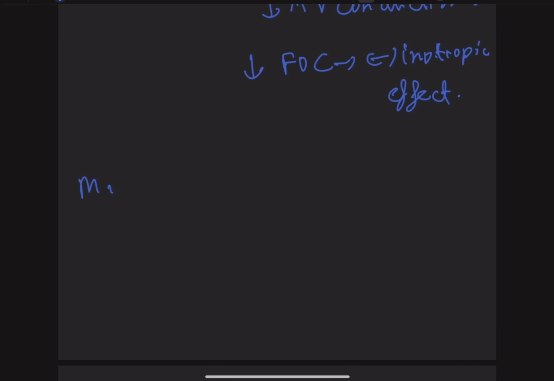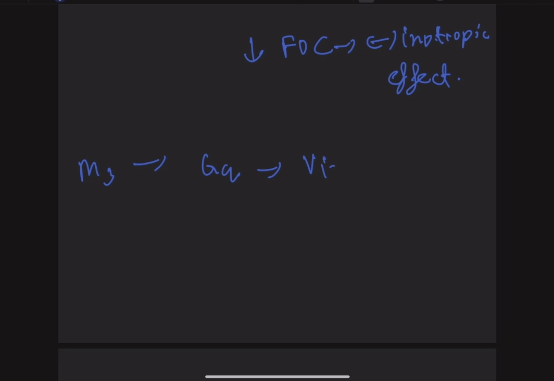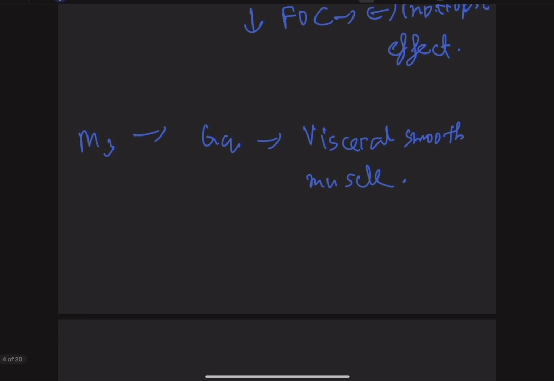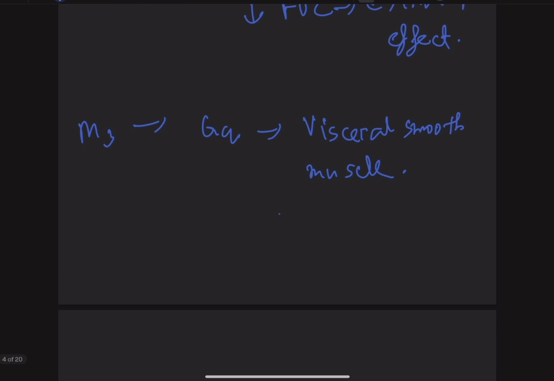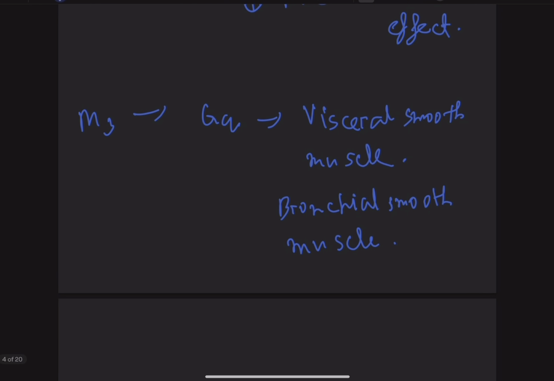Then we have the M3 receptor, and M3 receptor is a Gq type of receptor, which is mainly located in the visceral smooth muscles, and also in the bronchial smooth muscle. So in the bronchial smooth muscle and the visceral smooth muscles, they cause the contraction.